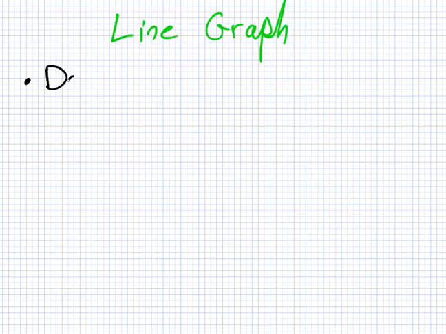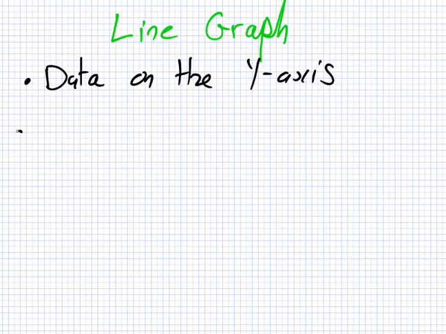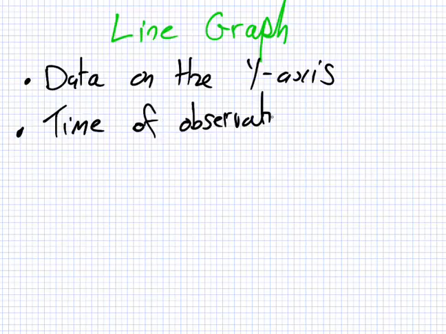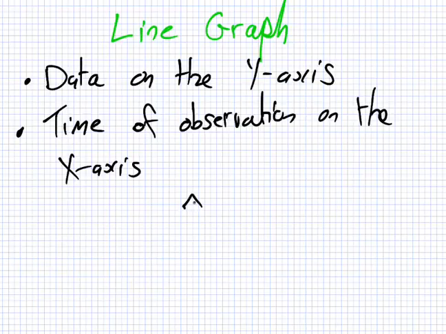So in other words, for a line graph, you need your data to be on the y-axis, and you need your time of the observation on the x-axis. So firstly, it'll look something like this, for example.